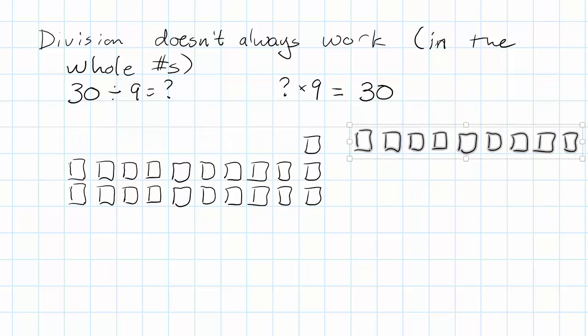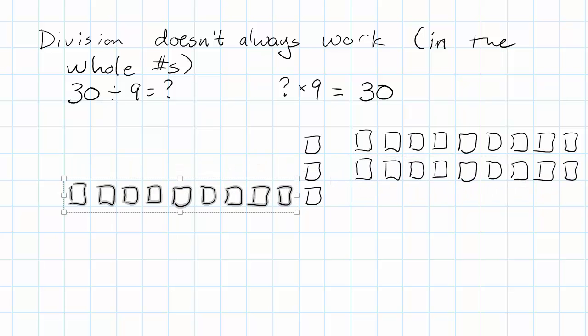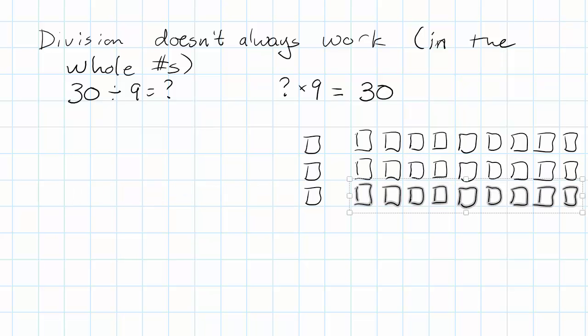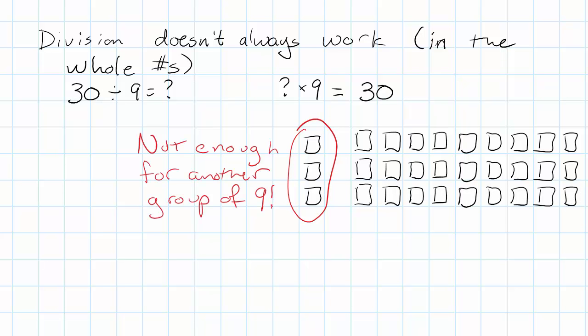So here's one group of 9. Count those up, that's 9. 2 groups of 9. 3 groups of 9. Oh. And look what's left. This is not enough for another group of 9. There's only 3 left.